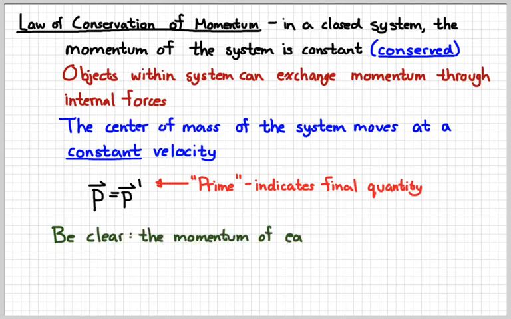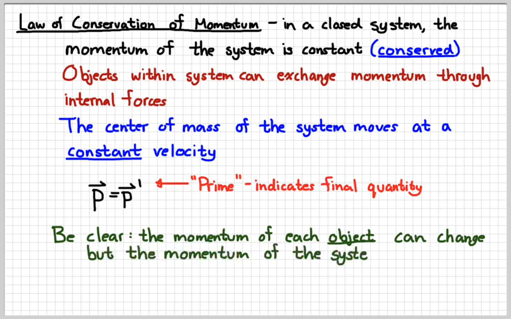Now be clear about something. The momentum of each object in the system can change, but the total momentum of the system does not. So whatever momentum was gained by one object has to be equal to the momentum lost by some other object or objects.